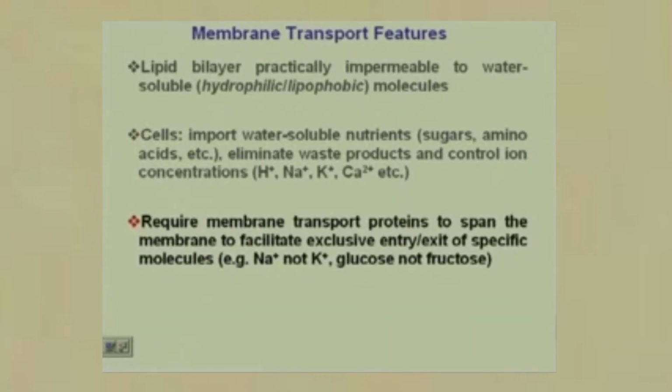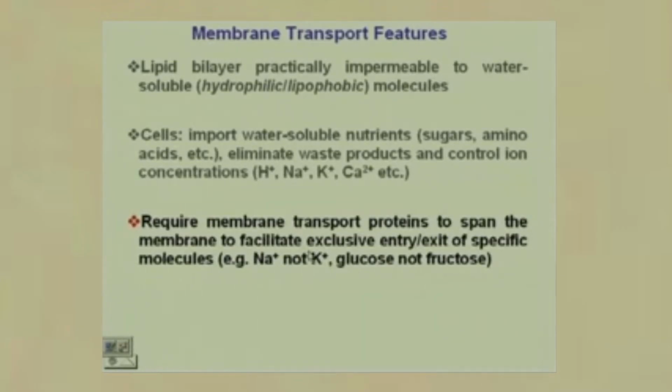As we have studied, we have integral membrane proteins, peripheral membrane proteins and anchor proteins. So there is a specific requirement for membrane transport proteins that have to span the membrane to facilitate exclusive entry or exit of specific molecules.